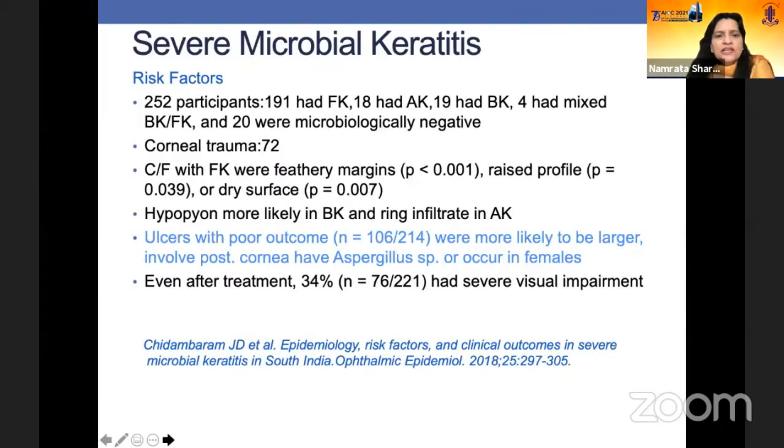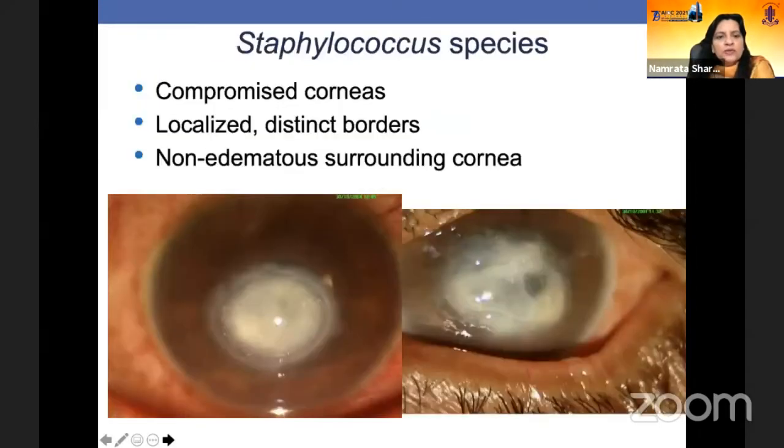It has been clearly shown that ulcers with a poor outcome are likely to be larger, involve the posterior cornea, have Aspergillus species, or occur in females. This is just to highlight the features of severe microbial keratitis and how they are going to behave.